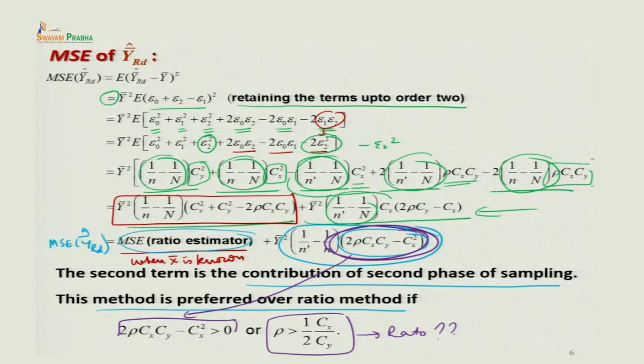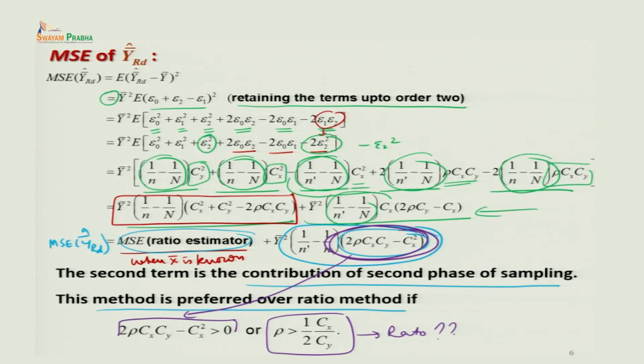This was a condition when you were trying to compare the ratio method of estimation with respect to the sample mean: if you want to estimate the population mean capital Y bar, and you have two options, use simple random sampling, or the sample mean, to estimate the population mean, or use auxiliary information, then this condition indicates which one you should use.